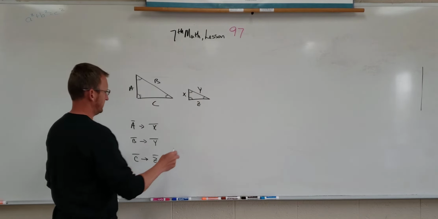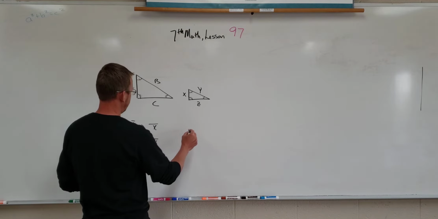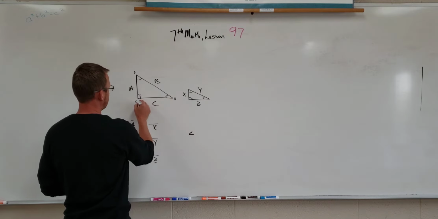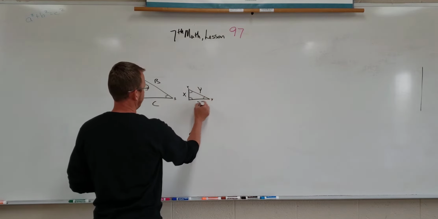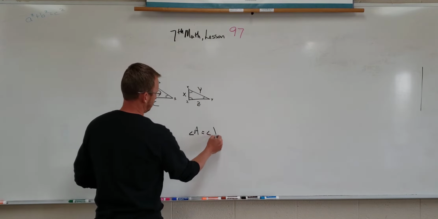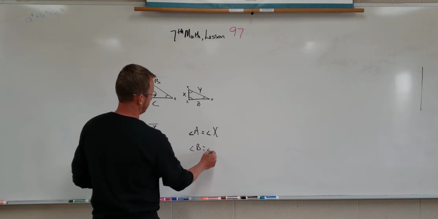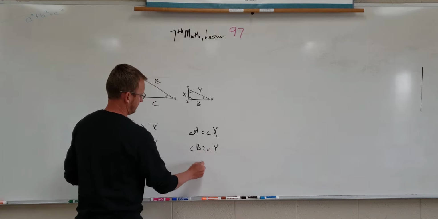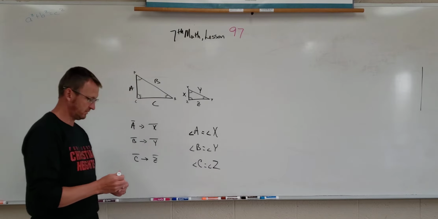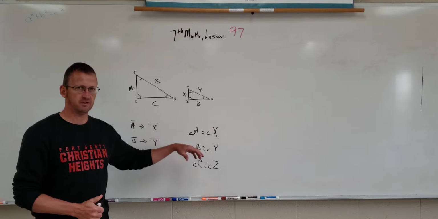So we could also say that angle A is equal to angle X. Angle B is equal to angle Y, and angle C is equal to angle Z. Okay? So when you see these tick marks, it means that they are the same measurement.